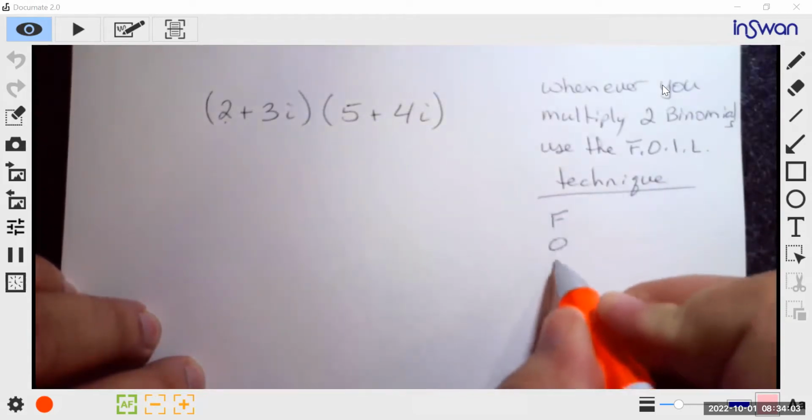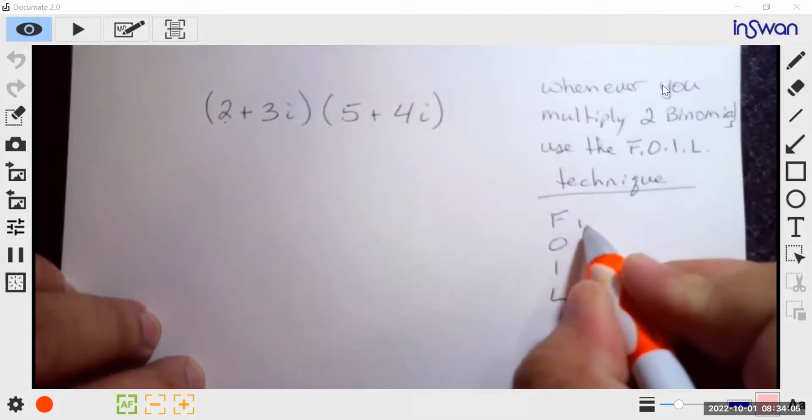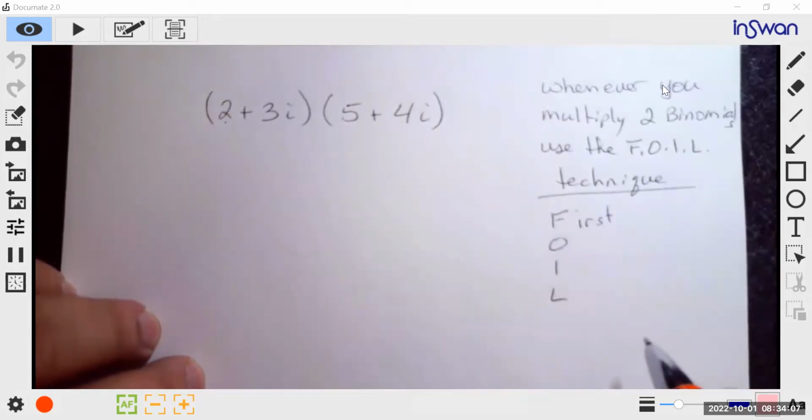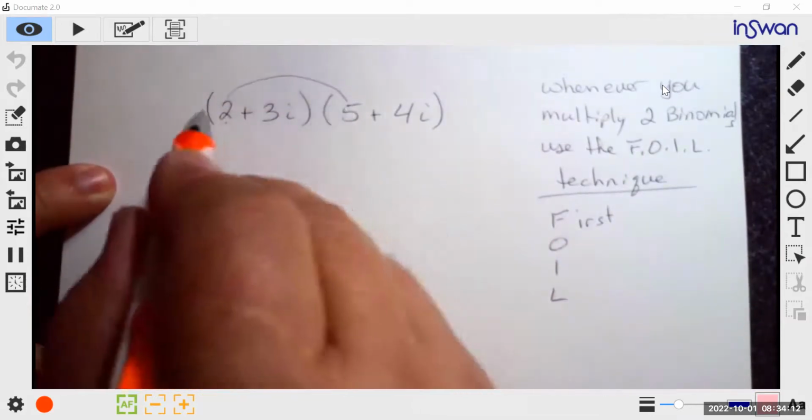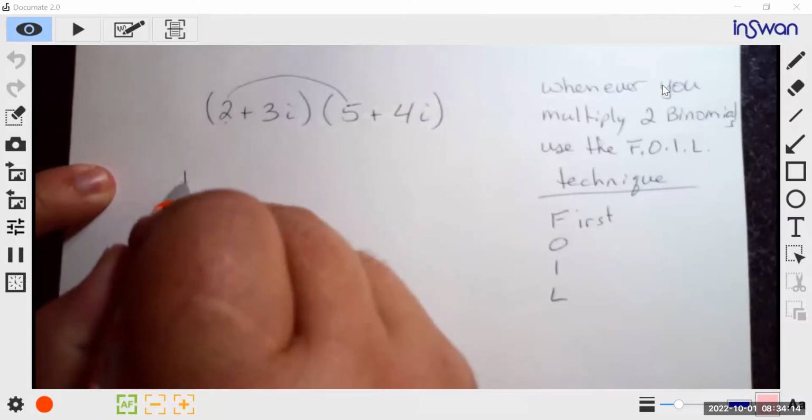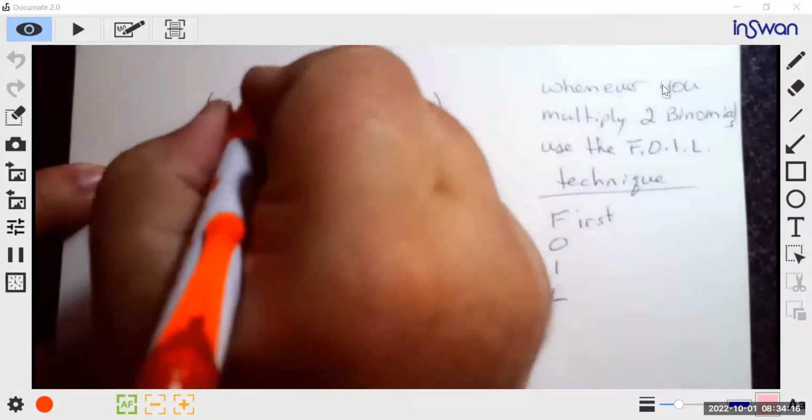FOIL is an acronym. First. So we multiply the first terms. 2 times 5, positive and positive is positive. 2 times 5 is 10. That's the first.